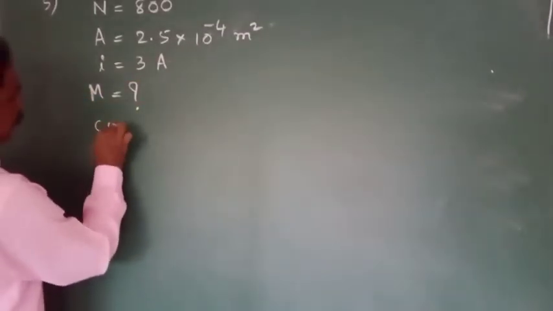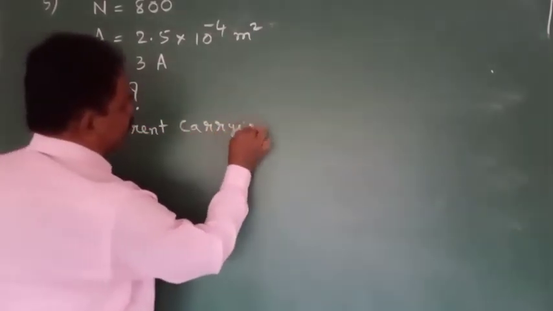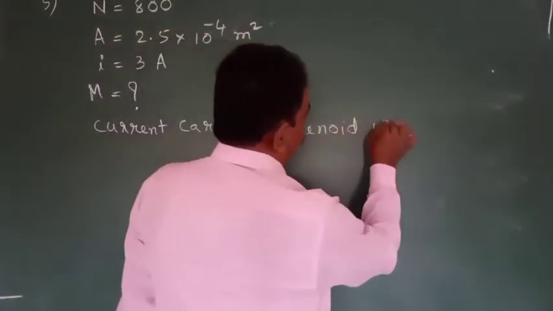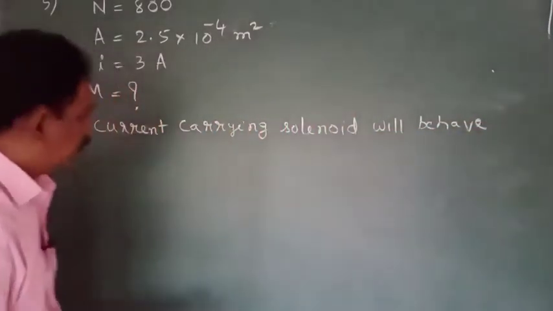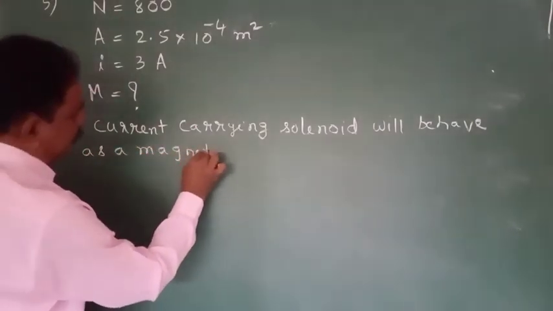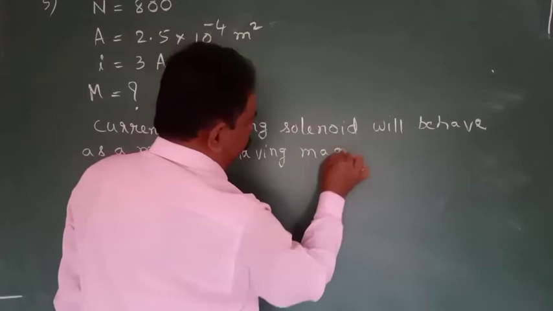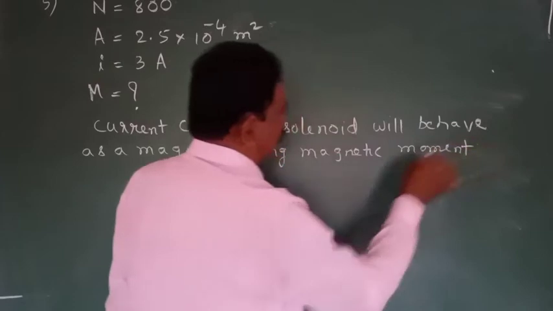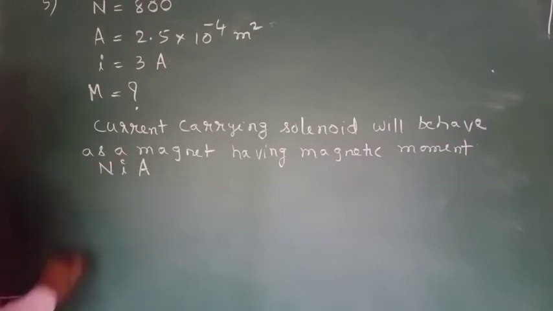So a current carrying solenoid will behave as a magnet having magnetic moment NIA, that is the magnetic moment.